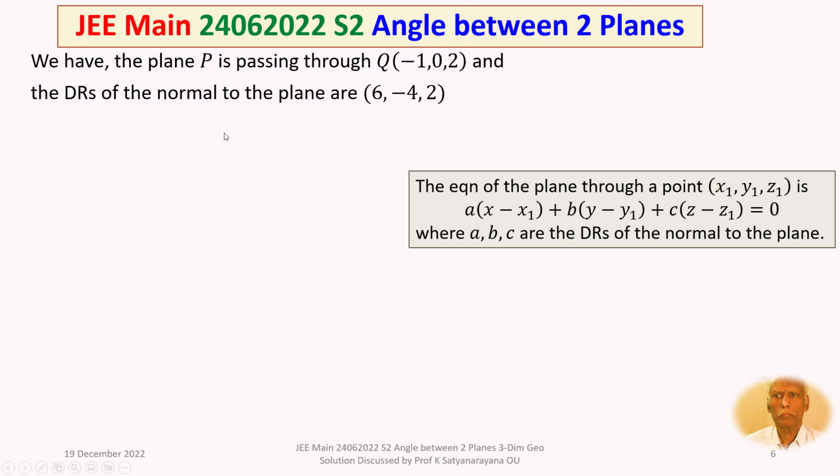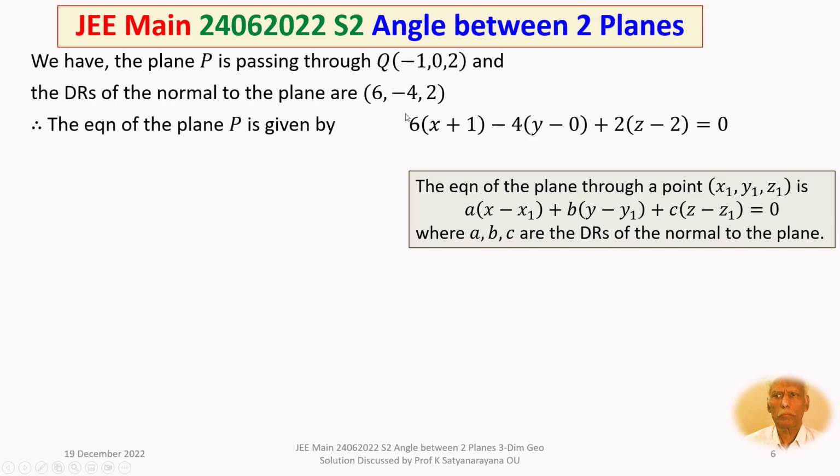Now the equation of the plane P is given by 6(x - (-1)), that is x + 1, minus 4(y - 0) plus 2(z - 2) equals 0. Simplifying, we get 6x - 4y + 2z + 2 = 0.